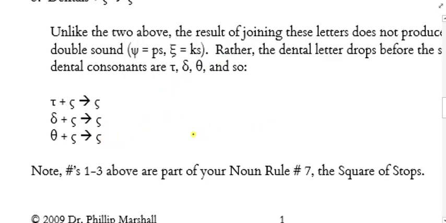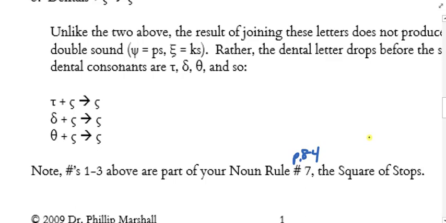Now, all of these first three, these are part of what Mounce refers to as noun rule number 7, the square of stops. And that is found on page 84. You don't have to turn there, just want to make sure that you know where to find that. So page 84 of Mounce is where he introduces this to you.